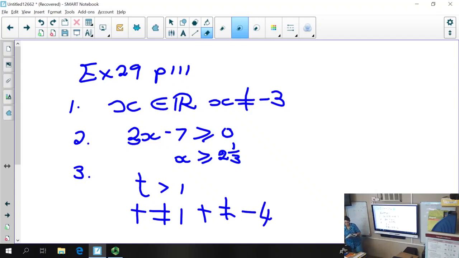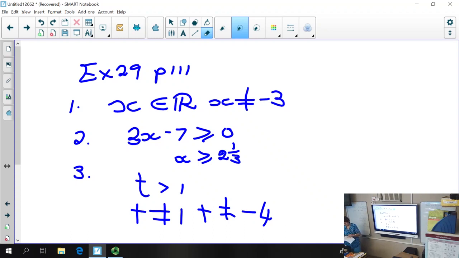Okay. The last one can't work because for the numerator it will be a 4, isn't it? And for the denominator it will be a 3. Okay, so that one can't work out.